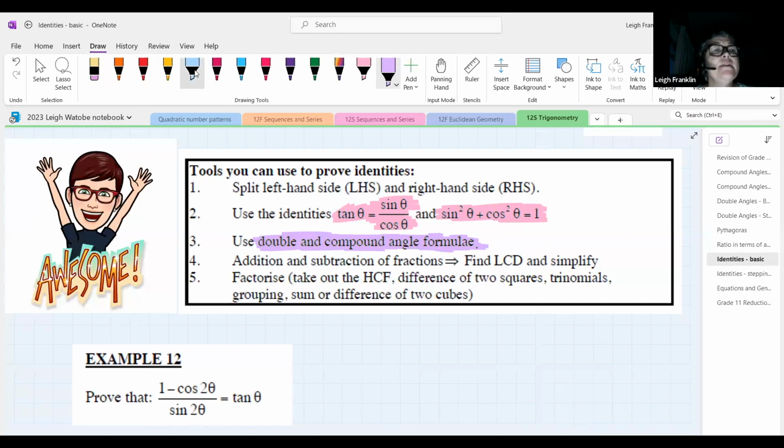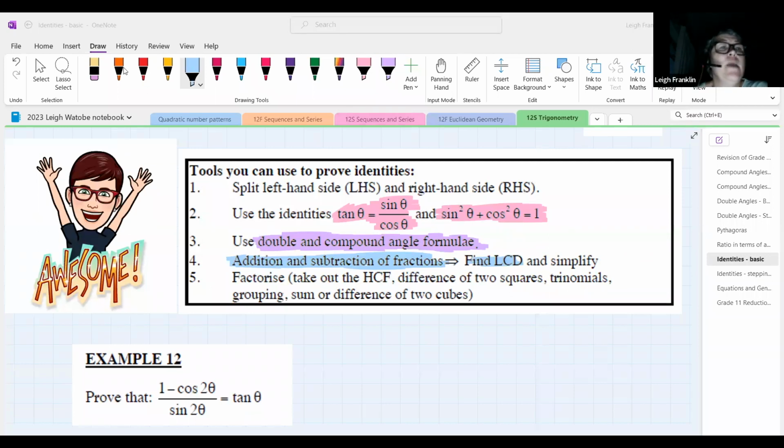Some other things that we're going to need to be able to do when we prove identities is work with fractions, specifically adding and subtracting of fractions. We've got to be able to find a lowest common denominator and then simplify from that point onwards.